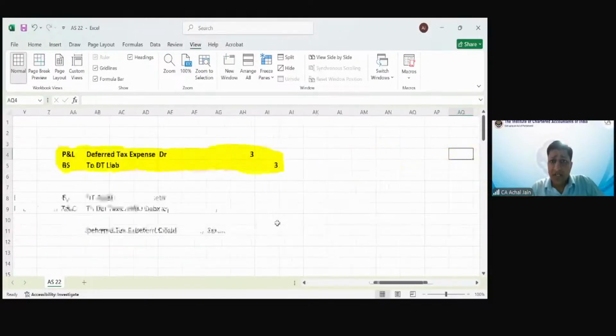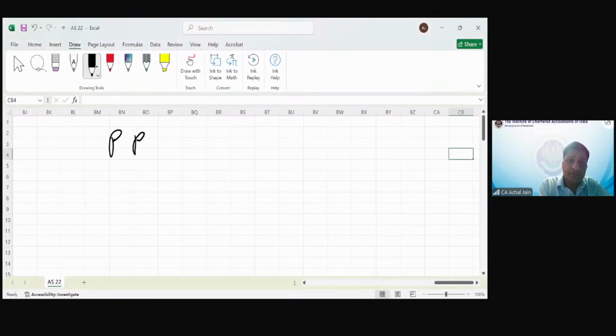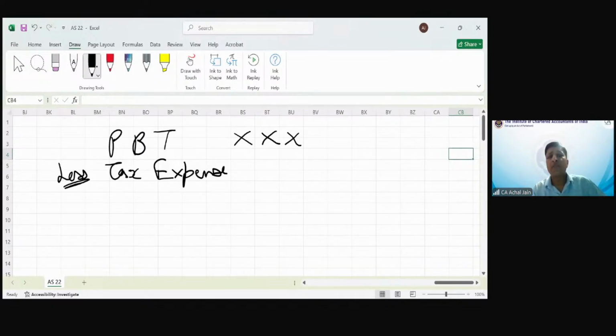Let's try to understand its presentation requirement as well. In the P&L, first of all, you'll have your profit before tax. From the profit before tax, you reduce the tax expense.